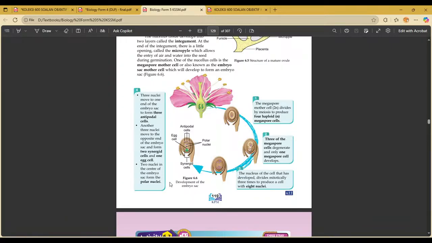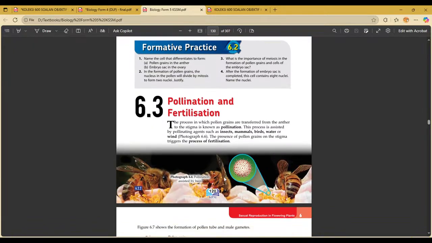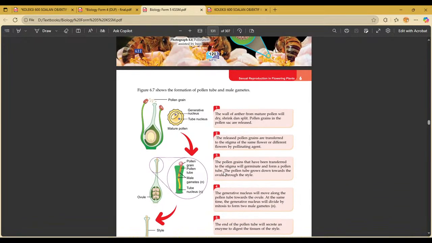This is just in the mother cell fertilization stage. Wall of anther from mature flower will shrink, dry, and split. Released pollen grains are transferred to the stigma of the same flower or different flowers by a pollinating agent. Pollen grains that have been transferred to the stigma will germinate and form a pollen tube. Pollen tube goes down towards the ovule through the style.